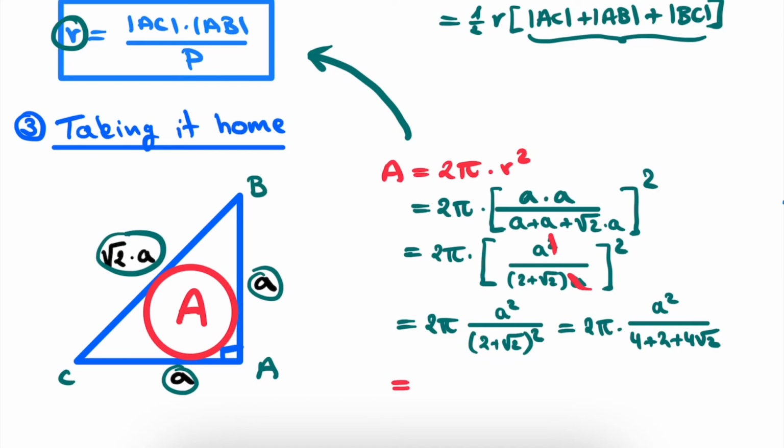Simplifying this even further, we get our final result. We have that the area of this inner circle of our triangle right here is equal to pi multiplied by A squared divided by 3 plus 2 times the square root of 2. And this is our final result.